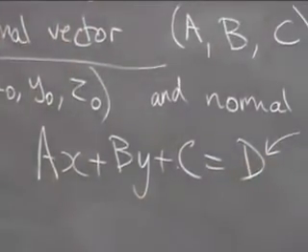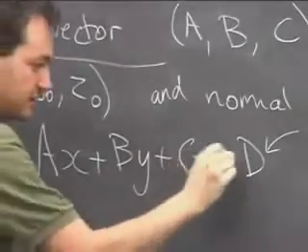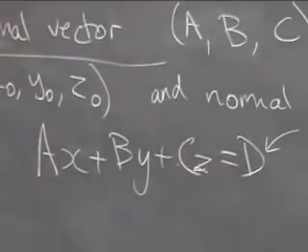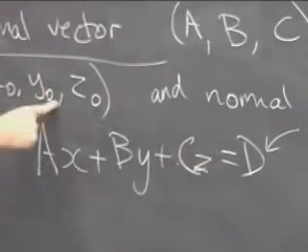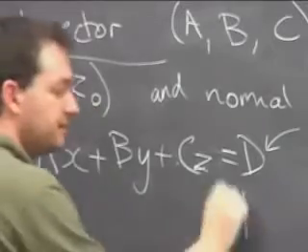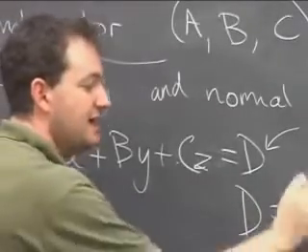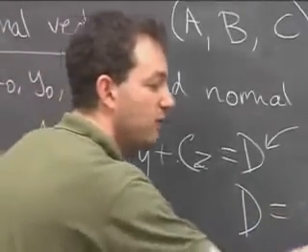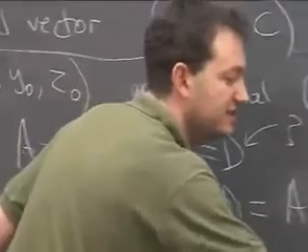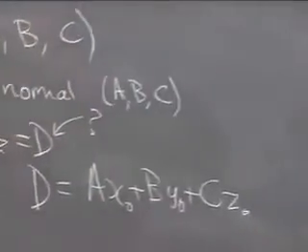D is what it has to be by plugging in the point you know. So D must be AX0 plus BY0 plus CZ0, which is just some constant.